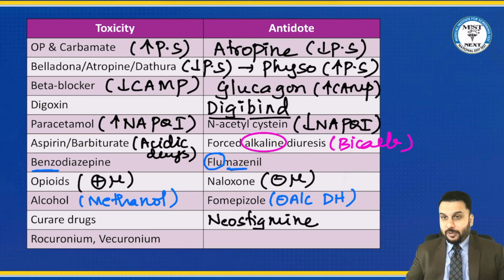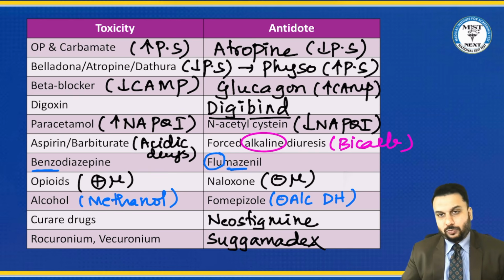Especially for rocuronium and vecuronium, if they ask, a new antidote is there only for these two drugs, rocuronium and vecuronium. It's called Sugamadex. Okay, Sugamadex. So this becomes quite an important table for all of us. This includes the antidotes.